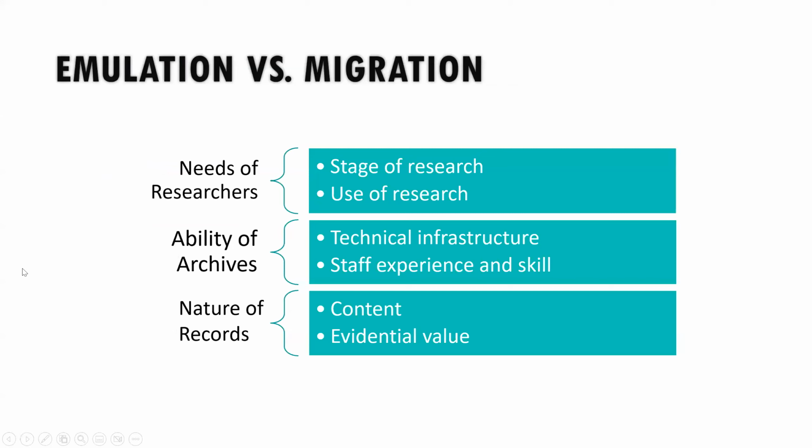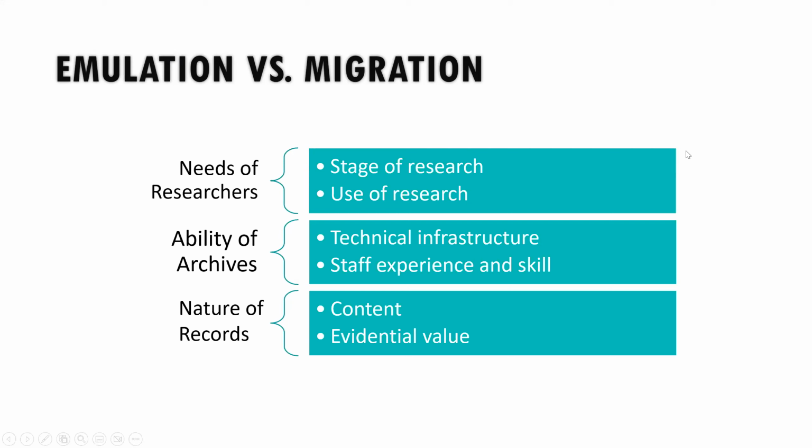So to look at emulation versus migration a little bit more, again, you want to consider the needs of researchers. So how deep are they into their research? Are they going to use the research for something that's less formal, like a presentation to a community group, or more formal, like a thesis or a governmental report, or something that is a little more influential?